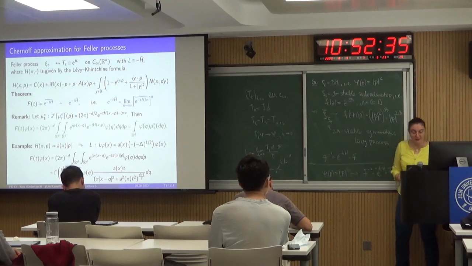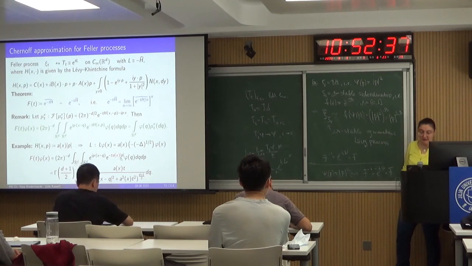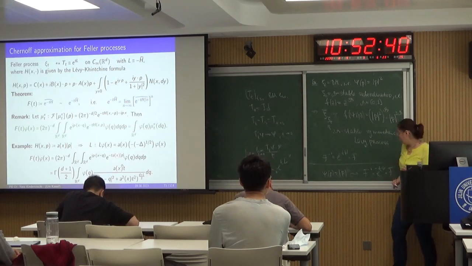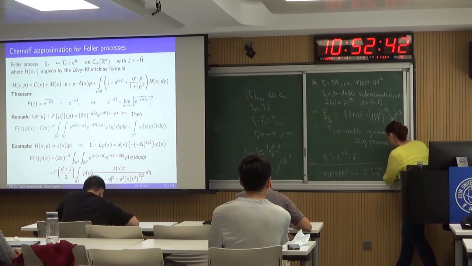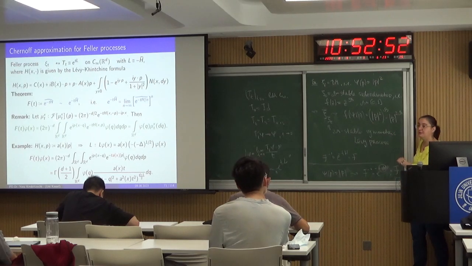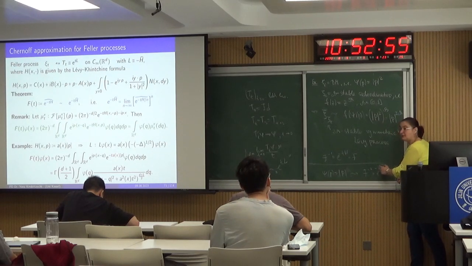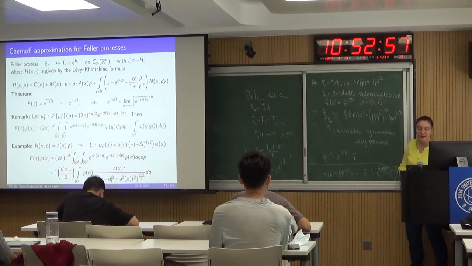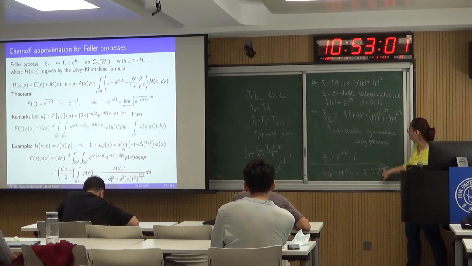So what is written here is exactly the same, but instead of t, we have t times a of x. So I consider it as a new time. x is fixed, so this is my new t. My a is positive. I have not written it, but it is a positive function. So this is my new time.